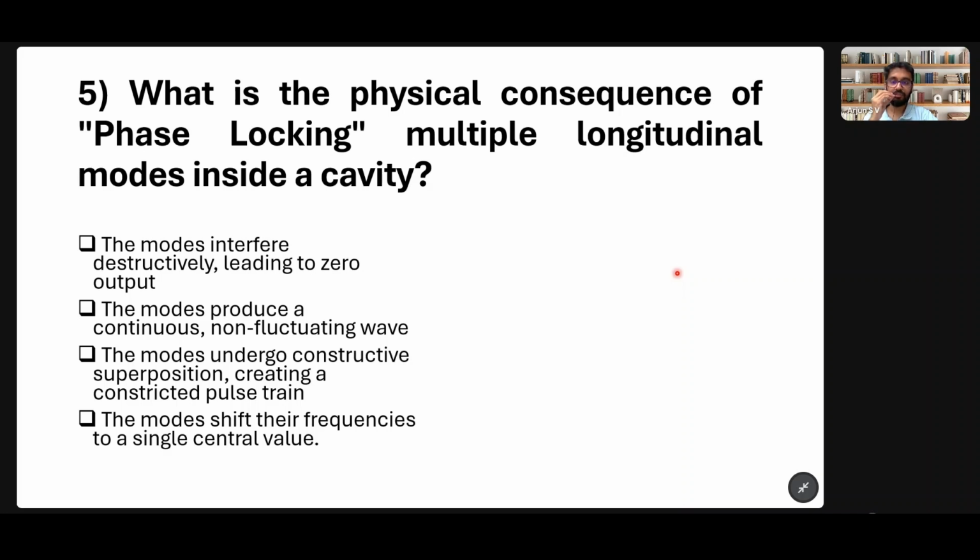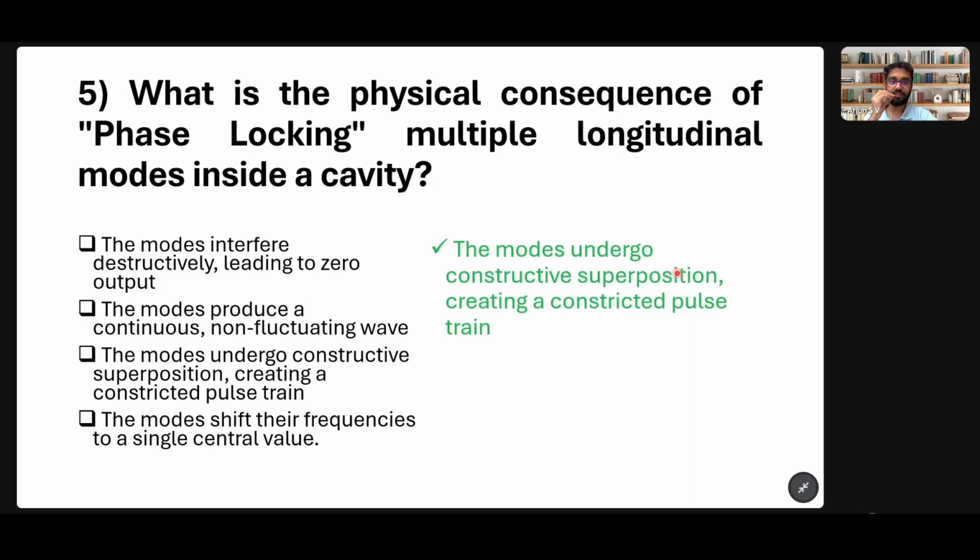Option B, the modes produce a continuous, non-fluctuating wave. Option C, the modes undergo constructive superposition, creating a pulse train. Option D, the modes shift their frequencies to a single central value. And the correct option here is C: the modes undergo constructive superposition, creating a pulse train.